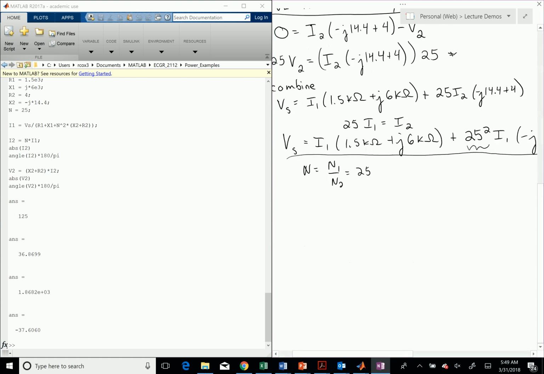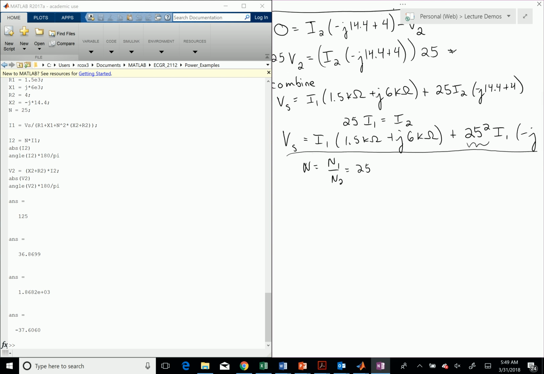So let's write down what those are. So it looks like what I got for I2 was 125 amps magnitude. And my angle looks like it's 36.87 degrees.